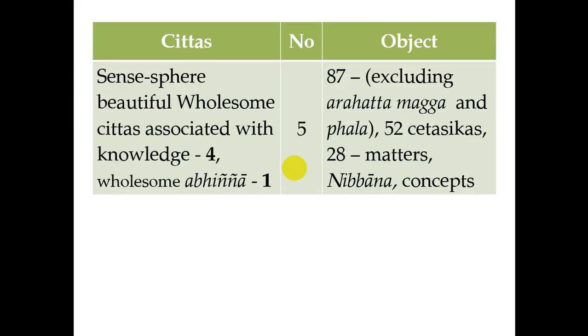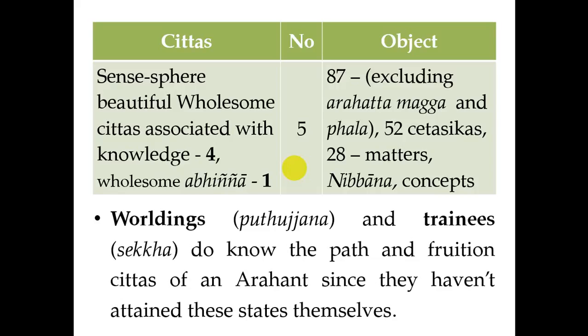Actually, I have taken this note from Bhikkhu Bodhi's book. Here, worldlings, Puthojana, and trainees in Bali, Sikha, do not know the path and fruition cheta of an arahant, since they haven't attained those states of mind themselves.